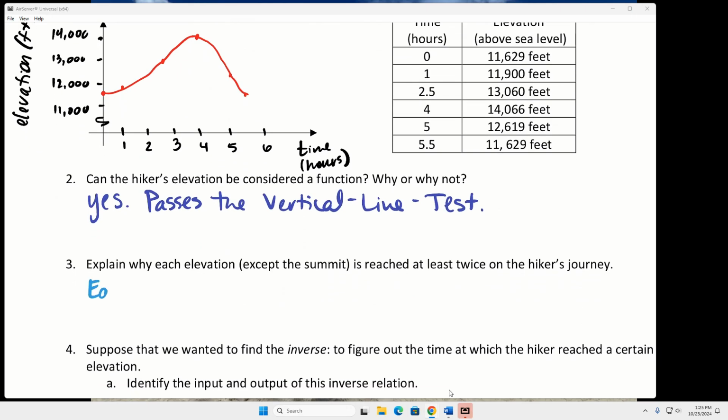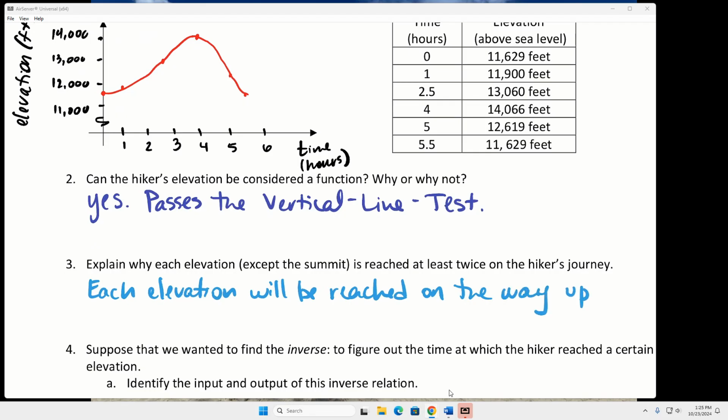So each elevation will be reached on the way up and down.